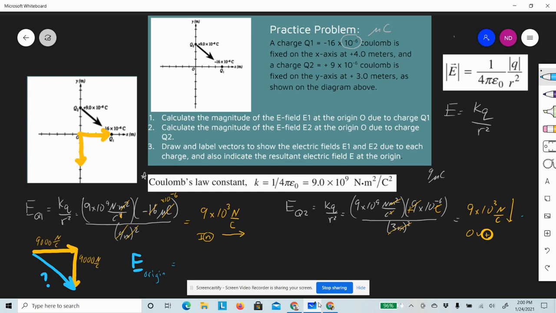9,000 squared plus 9,000 squared, square root.